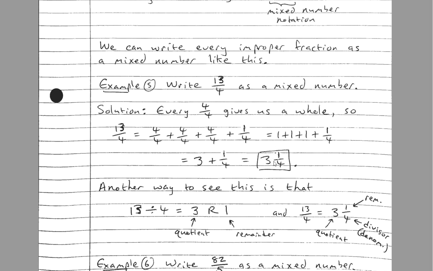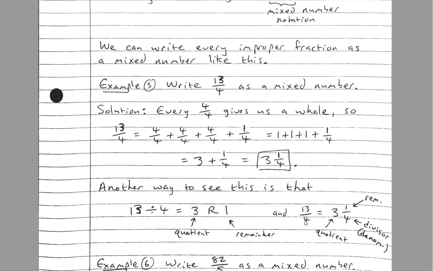That quotient gives us the whole number piece, and the remainder 1 tells us how many quarters are left, so 1 over 4. This is a nice application of our division with quotients and remainders.